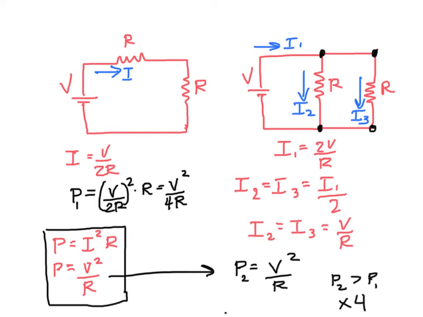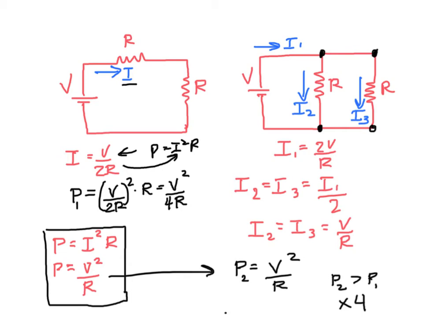Okay, here's my current I again, and we've already solved for V over 2R as my current. So I'm going to use the form of the equation P equals I squared R, and I'm going to substitute that value of I in.